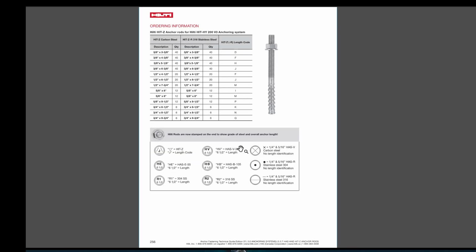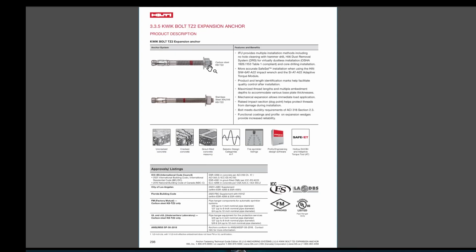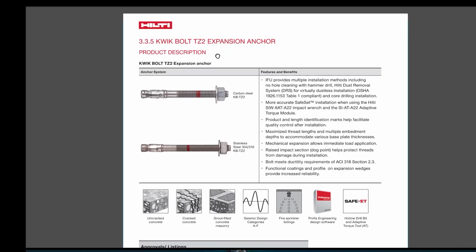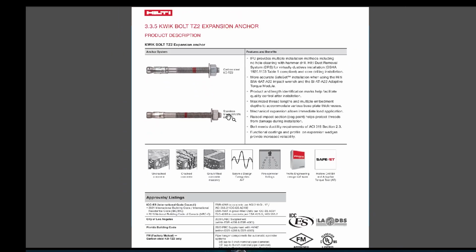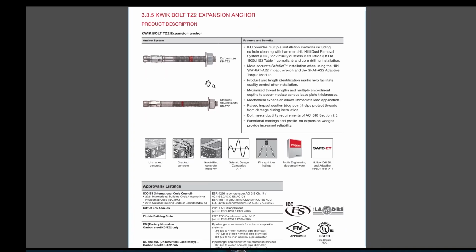In the next example, we will see a few mechanical anchors. Here we have Quick Bolt TZ expansion anchor, which is available in carbon steel and stainless steel. Expansion anchors have a threaded portion with washer and nut, and on the embedded end, this portion will expand while tightening.